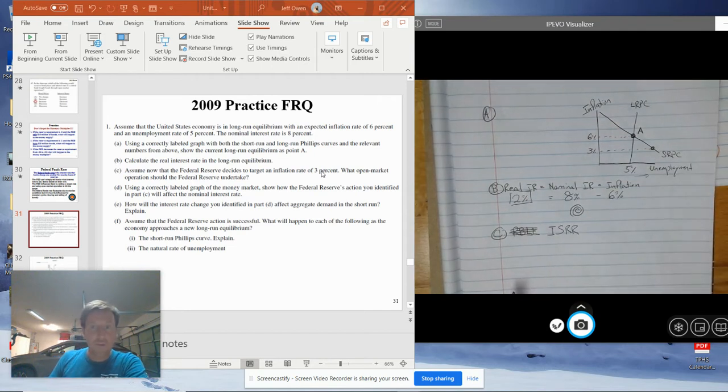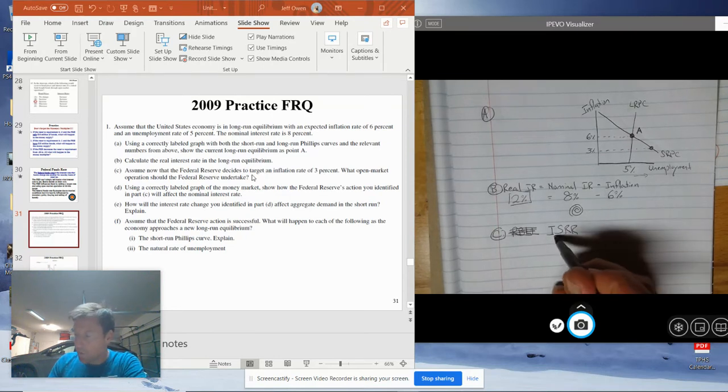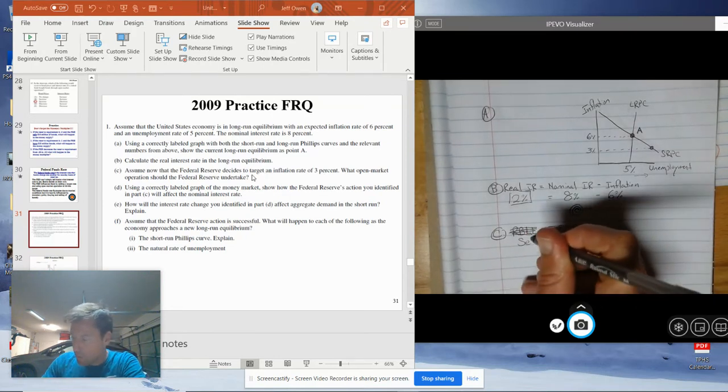So in a contractionary monetary policy, which I screwed myself up already, I want to increase the interest rates. And to do that, I can sell bonds, I can raise the reserve requirement, or I can raise the discount rate. So in this case, what open market operation should I do? I want to sell bonds.